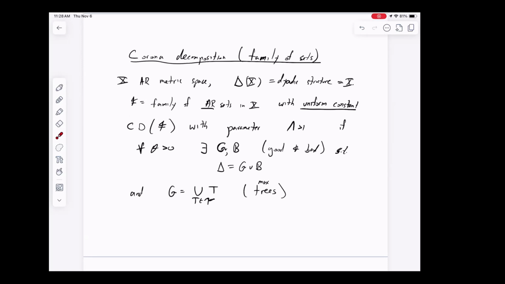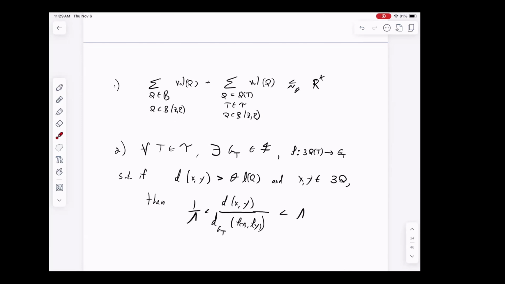We're going to say that X has a corona decomposition by these good sets F with two parameters, lambda and theta, if I have a decomposition into good and bad cubes, and I can write the good cubes as a union of these trees after I've snipped at all the bad cubes. And I don't have too many bad cubes. This is the analogous thing: if I look at the roots of all the trees, they don't have too much volume.